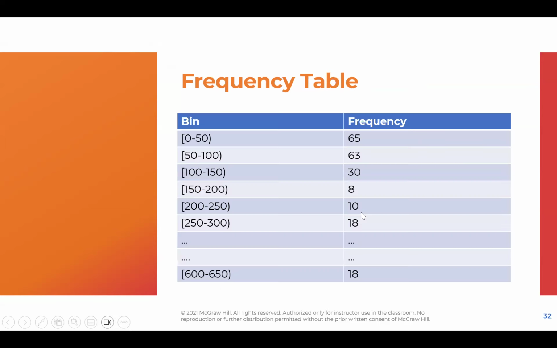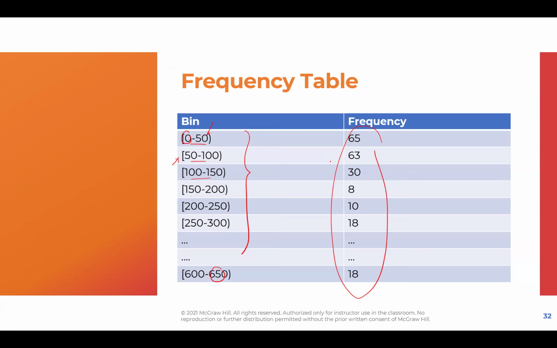For example, the values from 0 to 650, I'm going to classify them in intervals of 50: 0 to 50, 50 to 100, 100 to 150, like that. 50 is not included here, but included here. All values you get, including decimals if you have. If you have decimals, they also can be classified. And the frequencies of them are this.